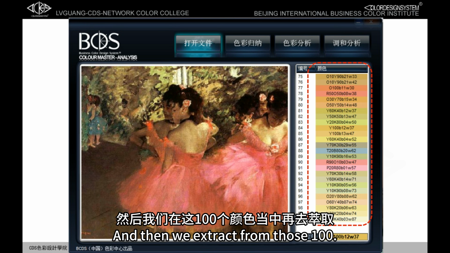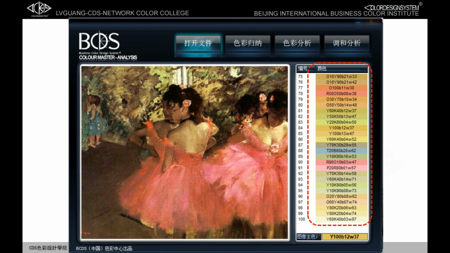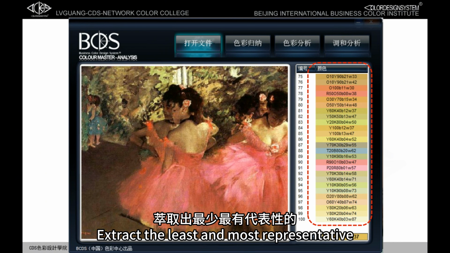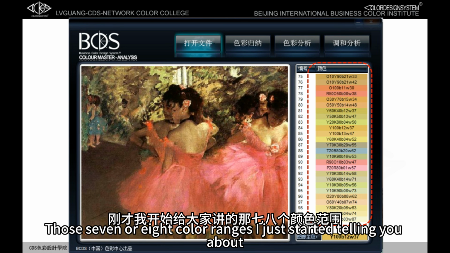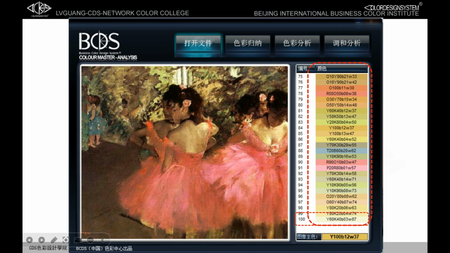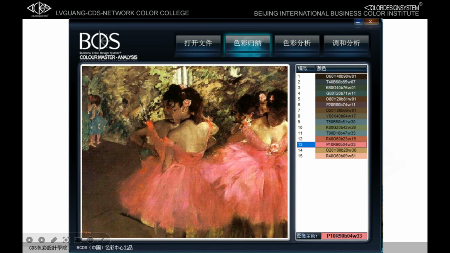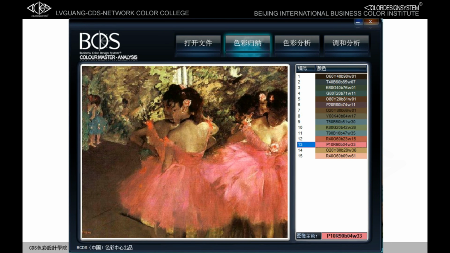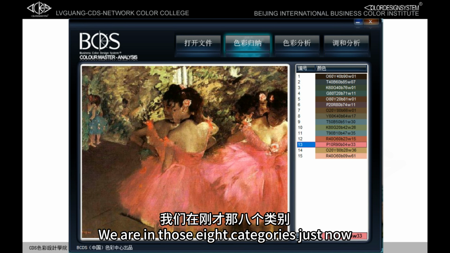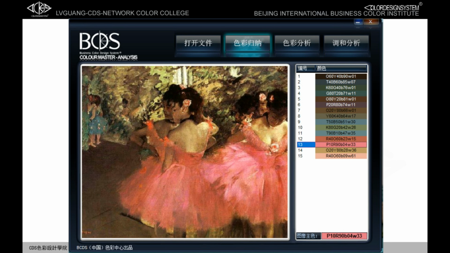And then we extract from those 100 the least and most representative, those 7 or 8 color ranges I just started telling you about. This is what we ended up with. All its colors are in those 8 categories just now.